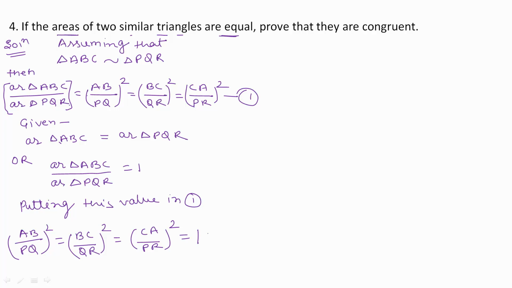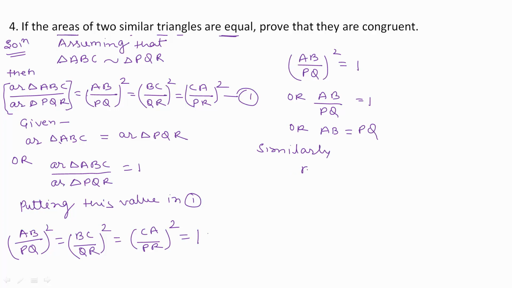So from this observation, (AB upon PQ) whole square is equal to 1, or AB upon PQ is equal to 1, taking square root on both sides, or AB is equal to PQ. Similarly, BC is equal to QR, and CA is equal to PR.